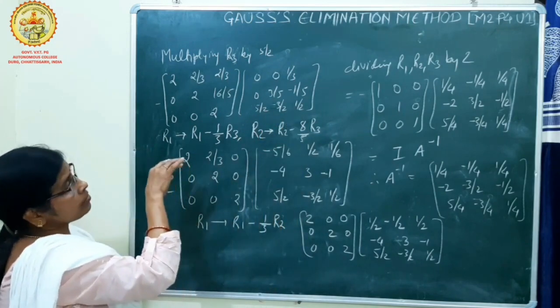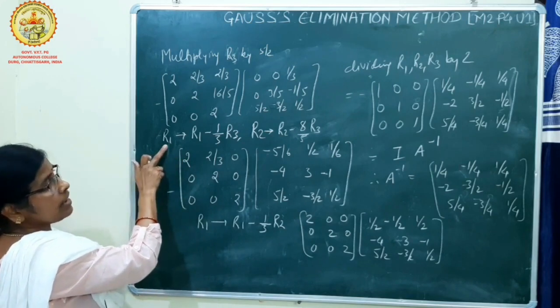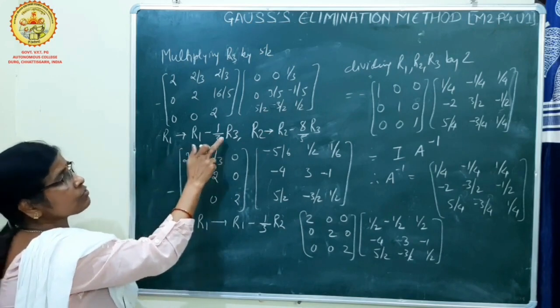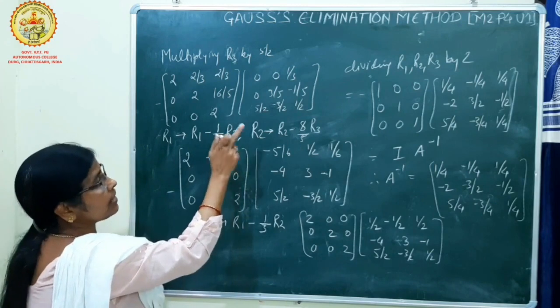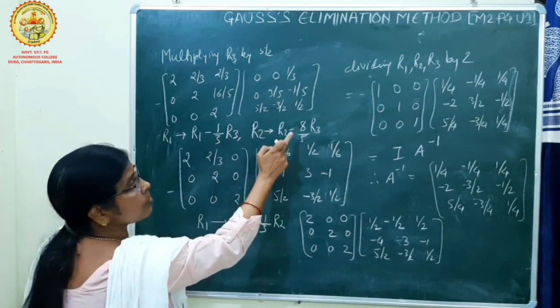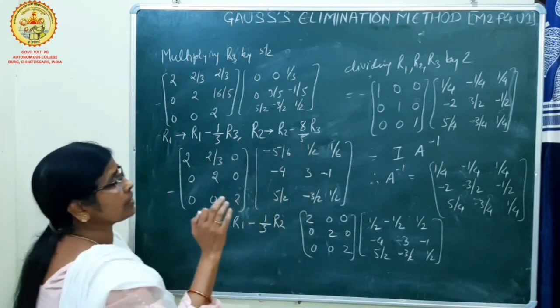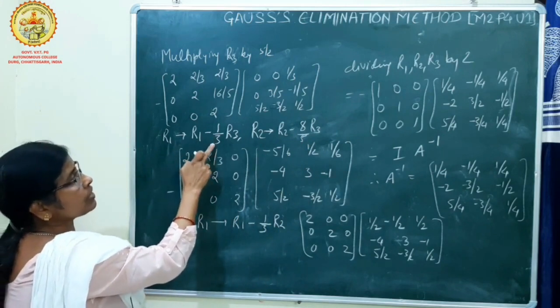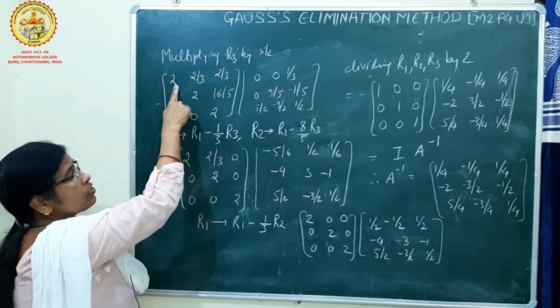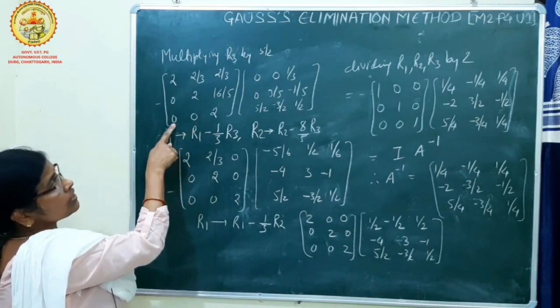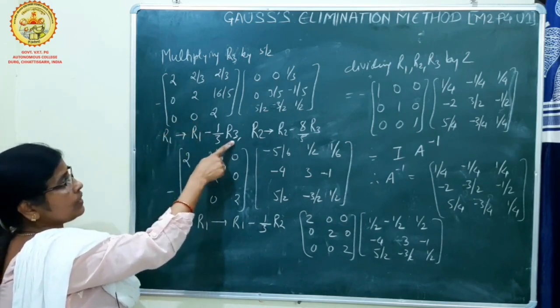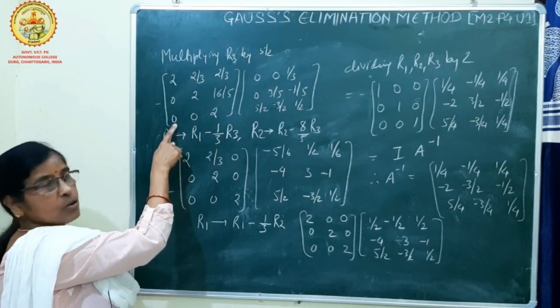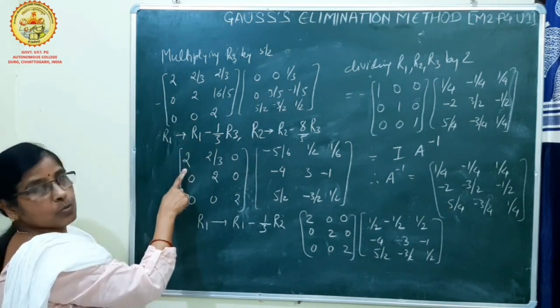Now again performing R1 as R1 minus 1 by 3 R3 and R2 as R2 minus 8 by 5 R3. So first is R1 minus 1/3 of R3. R1 is 2 minus 1/3 of R3. 1/3 R3 is 0, so 2 minus 0 means 2.